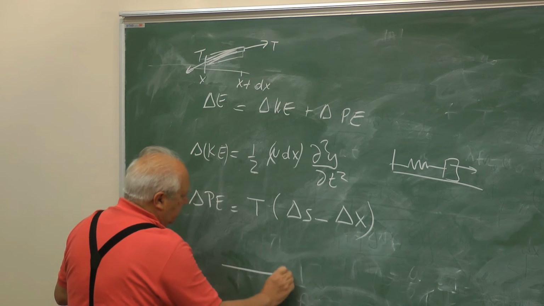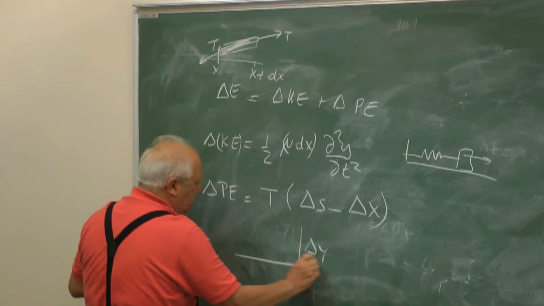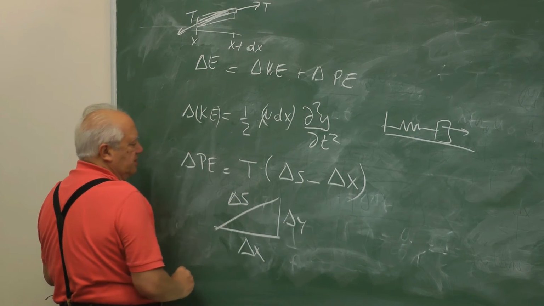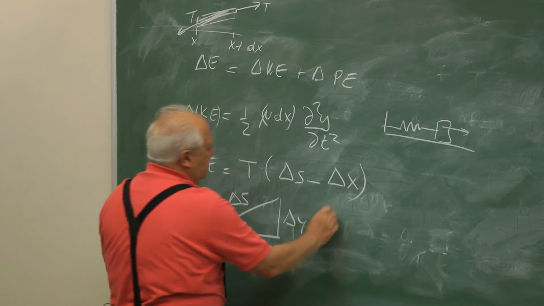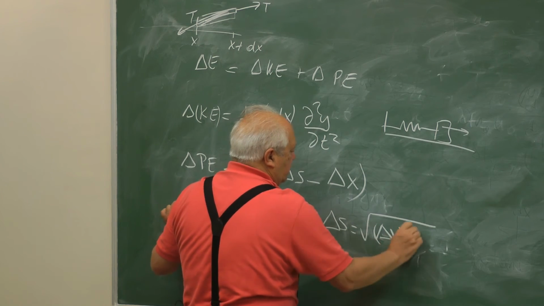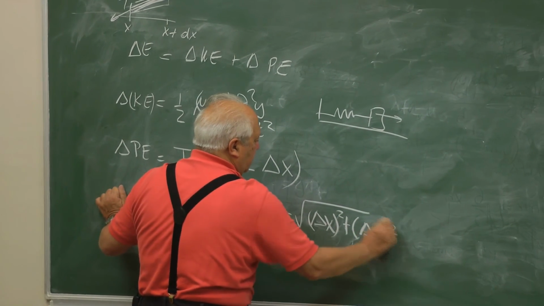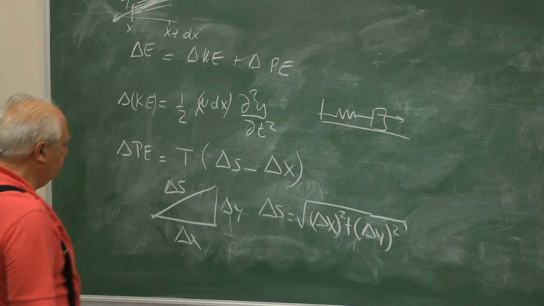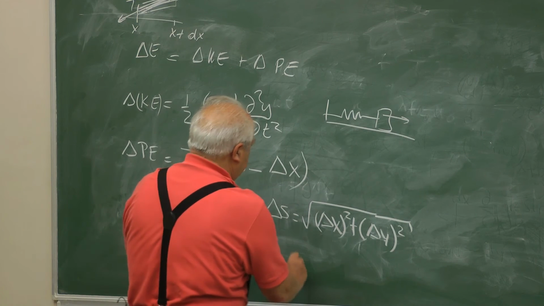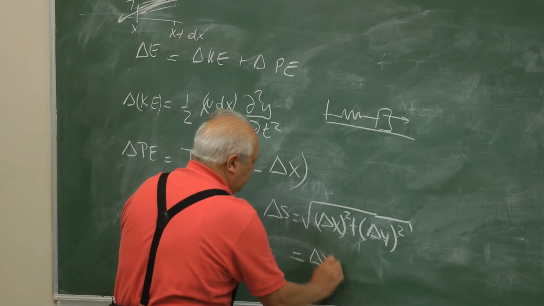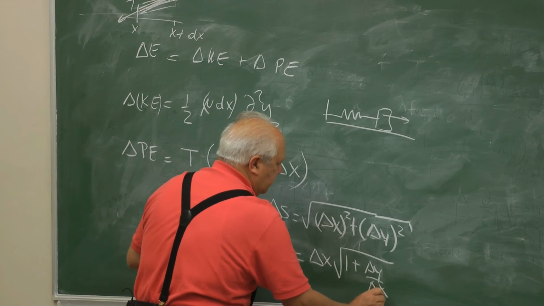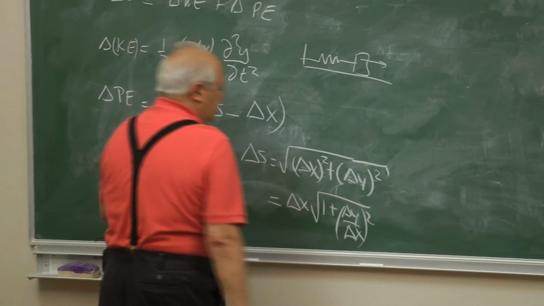Now let's look at this. This was delta y displacement, this is delta x, and this is delta s for small displacements. And clearly delta s is root of delta x squared plus delta y squared. And of course, we expand. This is delta x root of 1 plus (delta y over delta x) squared.